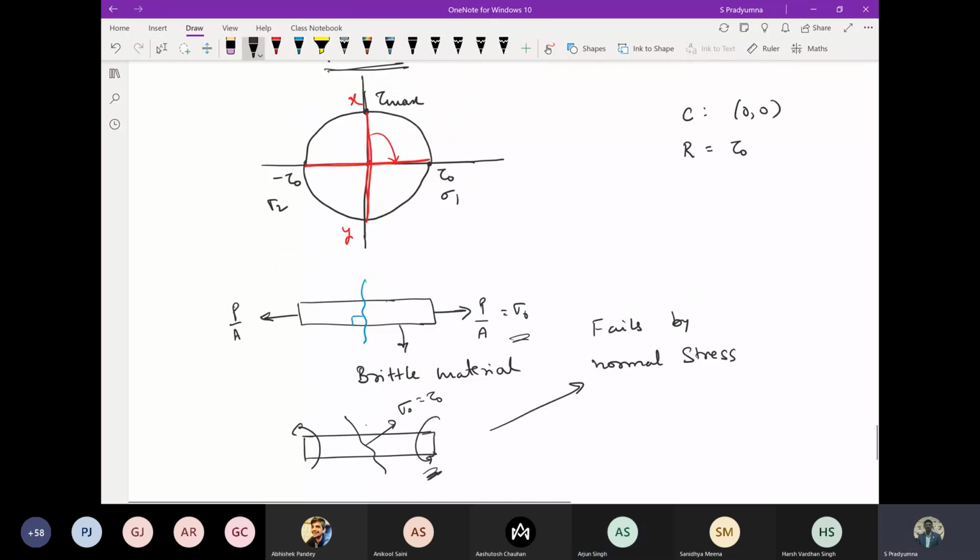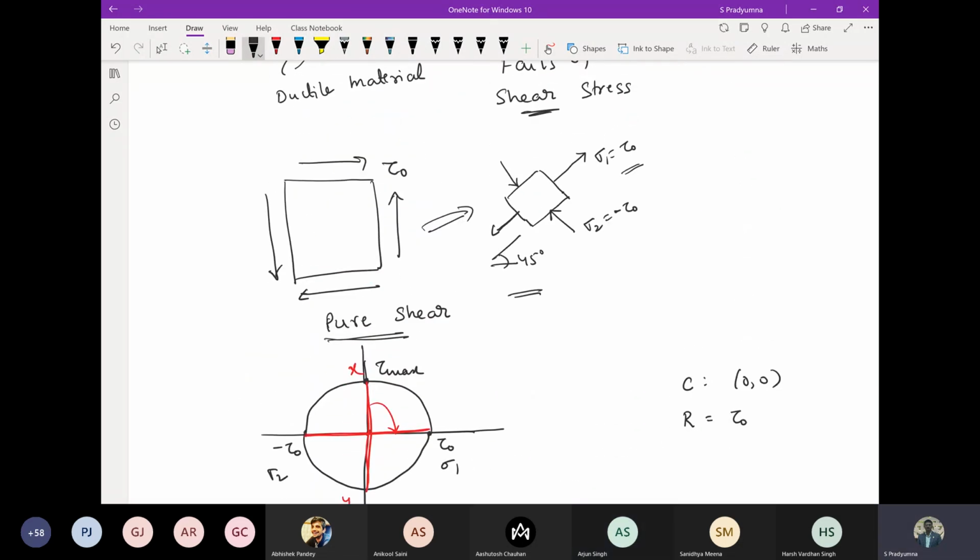Yes, sir. Okay, so the state of stress when a piece of chalk is twisted, right? It fails at 45 degrees. That means what is happening at 45 degrees? The state of stress given by this is actually pure shear, right?